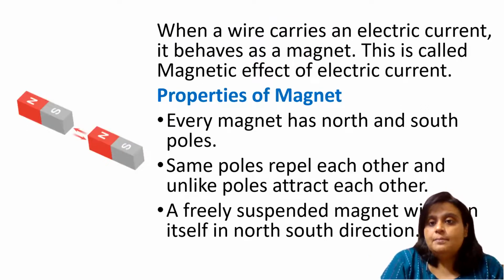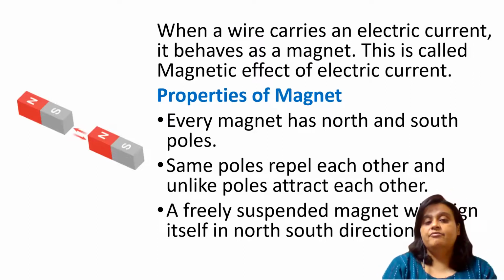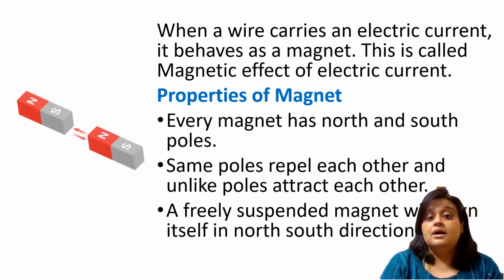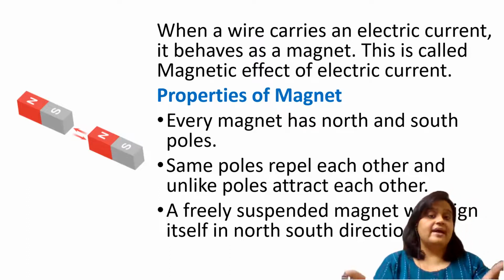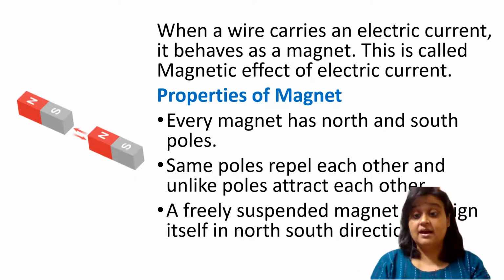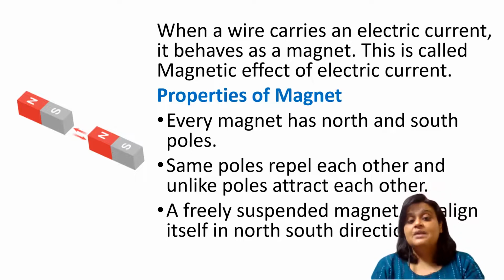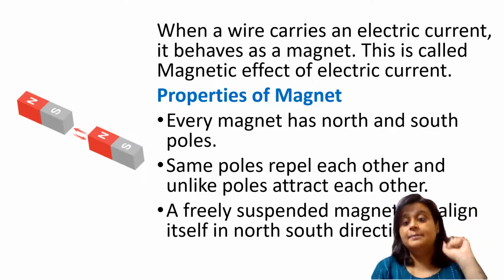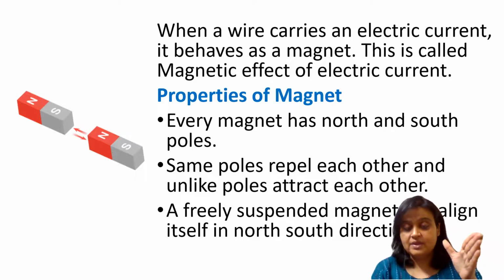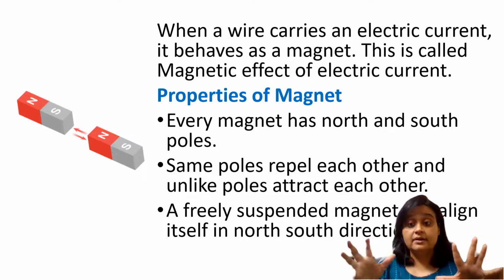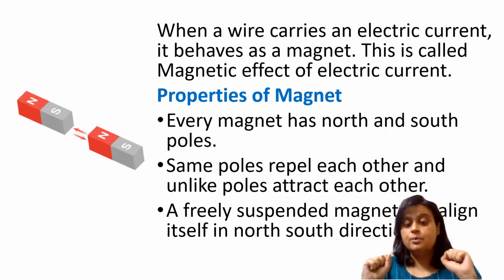Now there are some properties which surprise us. You can try this at home yourself. If you take a current carrying conductor and keep a compass with it, you will see the deflection in the compass, right? Just take a simple circuit, keep it on the table, and take a magnetic compass.